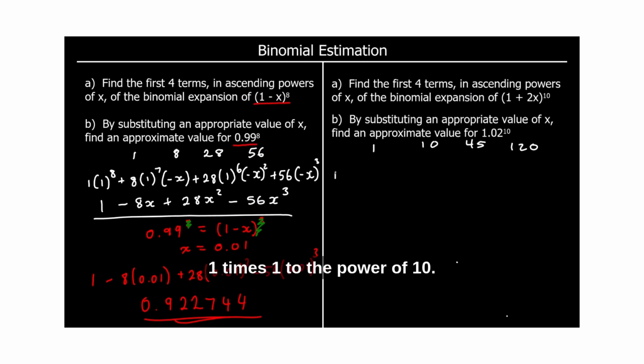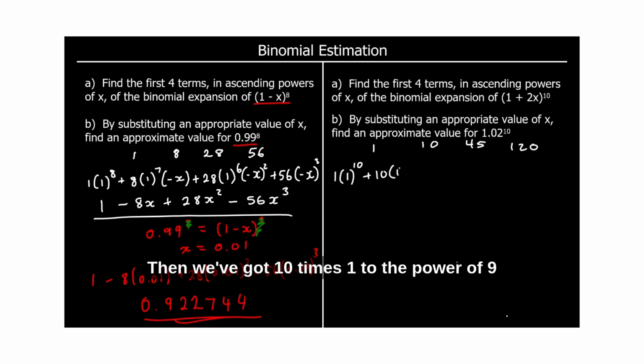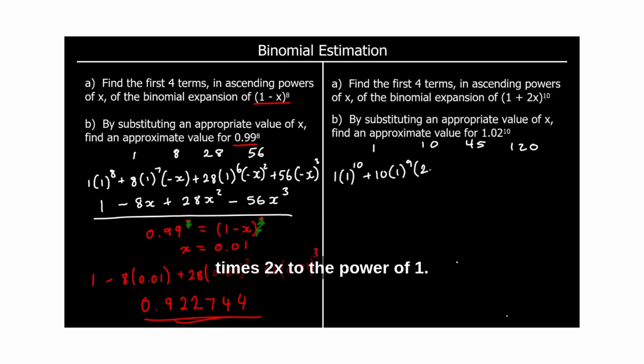So the first term, 1 times 1 to the power of 10. Then we've got 10 times 1 to the power of 9 times 2x to the power of 1. 45 times 1 to the power of 8 times 2x squared. And 120 times 1 to the power of 7 times 2x cubed.